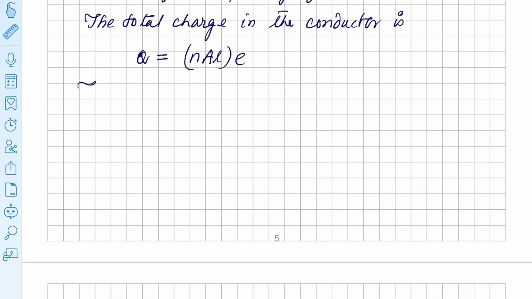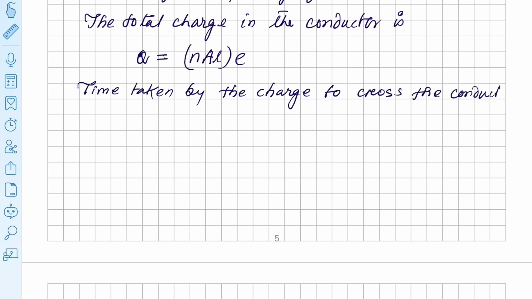So now you see, time taken by the charge to cross the conductor length, how to find it?